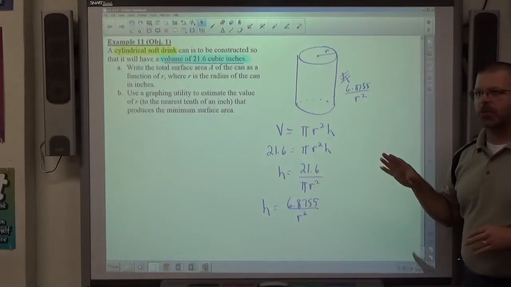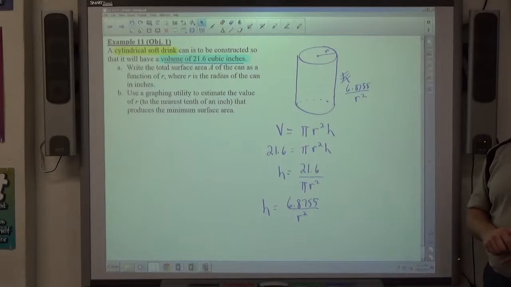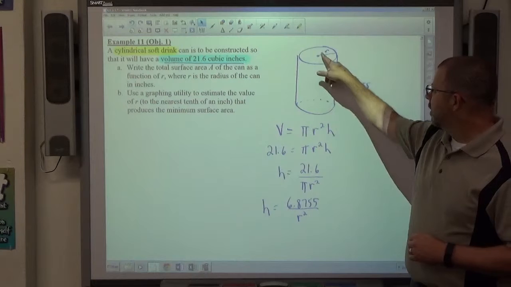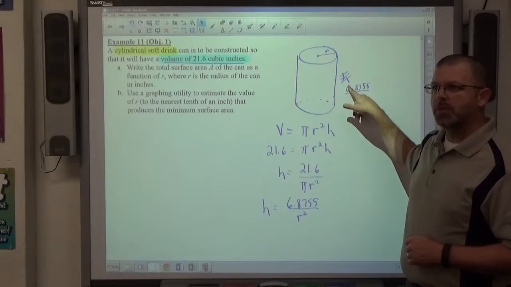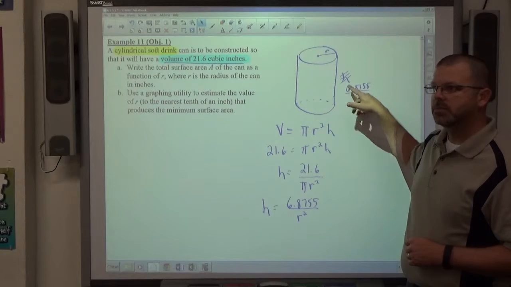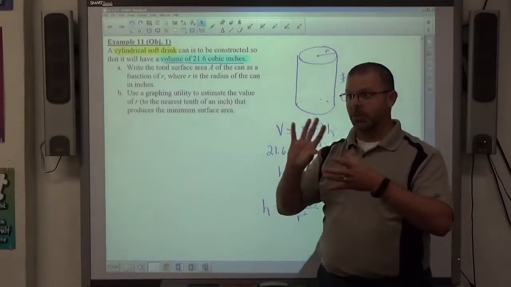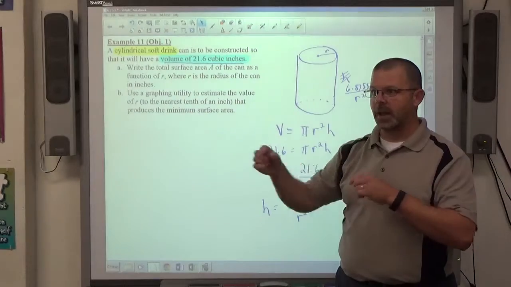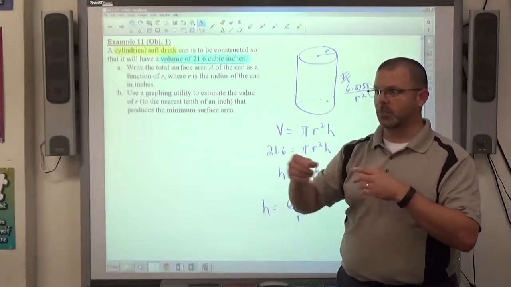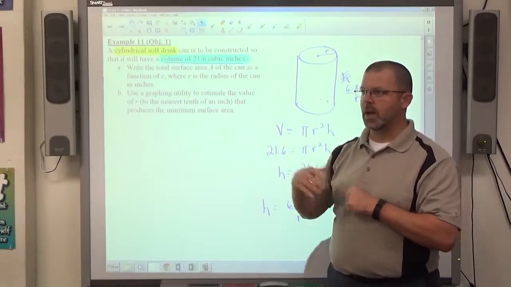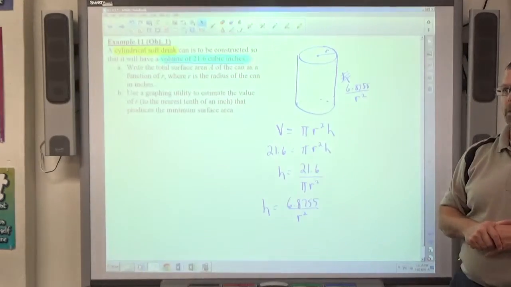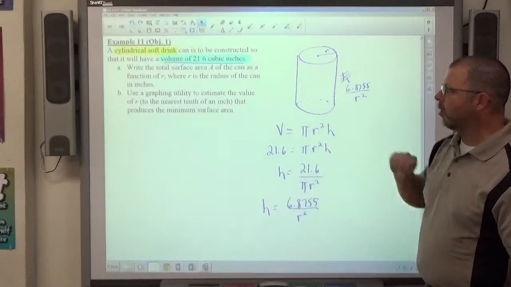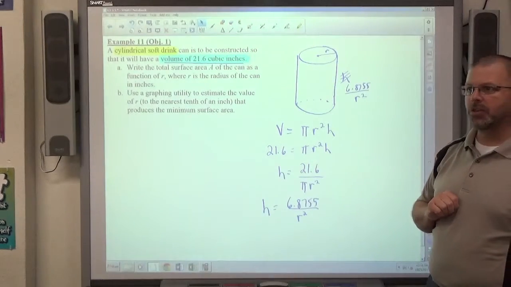Every time you do a problem of this variety, the very first thing you want to do is draw a picture of your item, whatever it is, and establish variables to represent the dimensions that are allowed to change. If you're dealing with a box that has 3 dimensions, they usually tell you like the width has to be twice the length or something like that. That allows you to use like x and 2x, 1 letter to represent those. Everything else is usually just 2 dimensions you have to deal with. Anyway, get that done, and that's the whole reason that volume of 21.6 cubic inches is there.